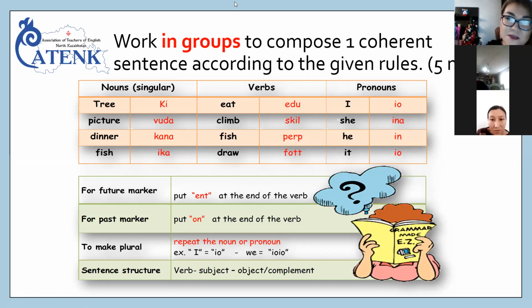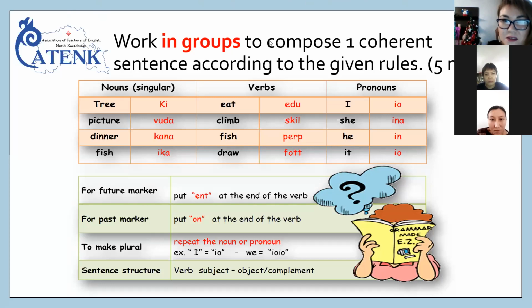Do not write anything in the chat yet. Just think yourself and then try to make up a sentence. And when I ask you to write in the chat box, only that time, please type it in the chat box. So look at this table.